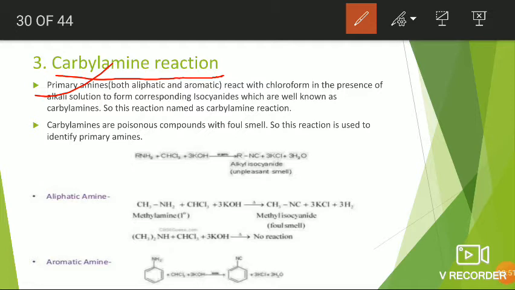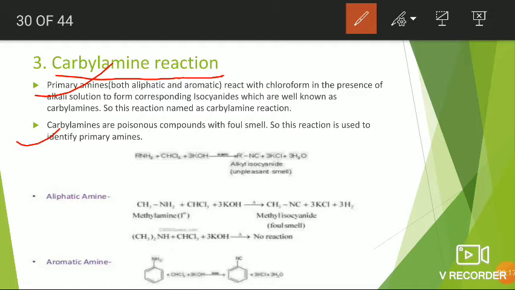If you observe the smell of the isocyanides or carbylamines, generally they have an unpleasant or foul smell, and they are also very poisonous substances. So based on their unpleasant smell, we can identify them.